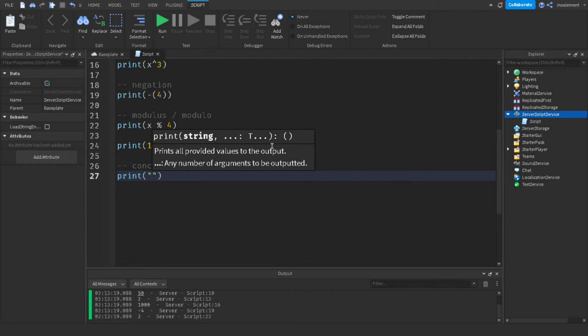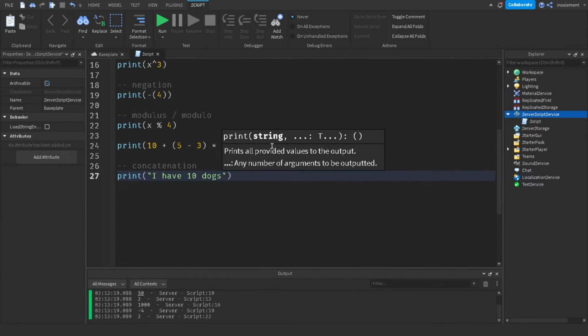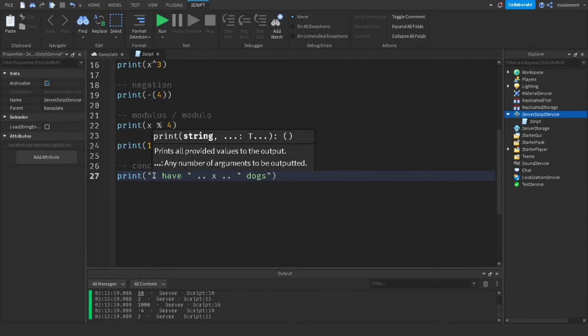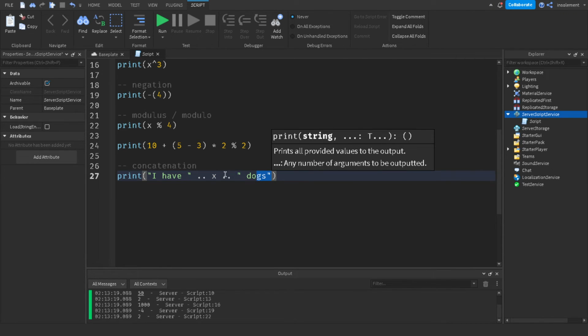So if I were to say I have 10 dogs, I don't want to hard code it, I would do quotation marks, space, out of the two quotations, two dots, x, right? Because x is 10, two dots again, and dogs, right? So it would print out I have 10 dogs.